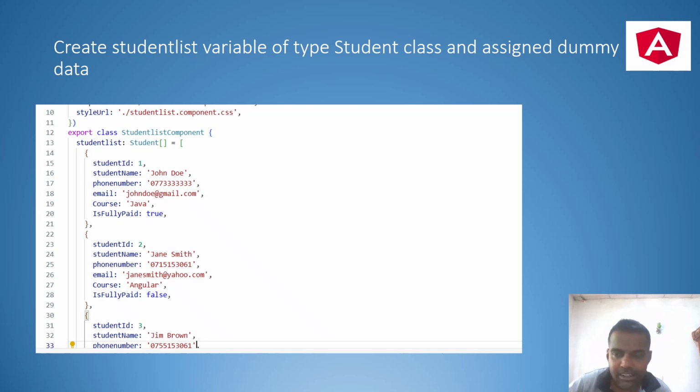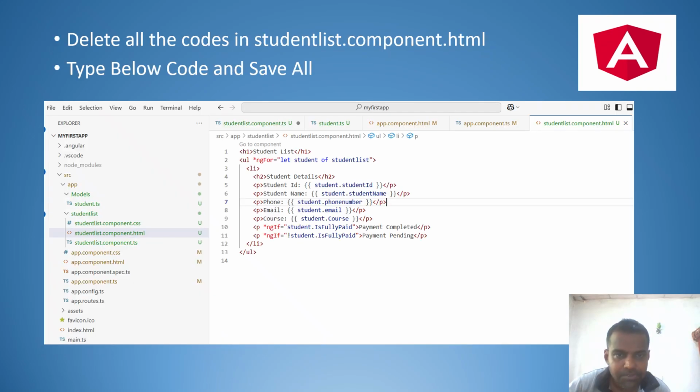Now we are going to delete everything in the student list component.html, and instead of only a single student, we are going to loop through a list of students.